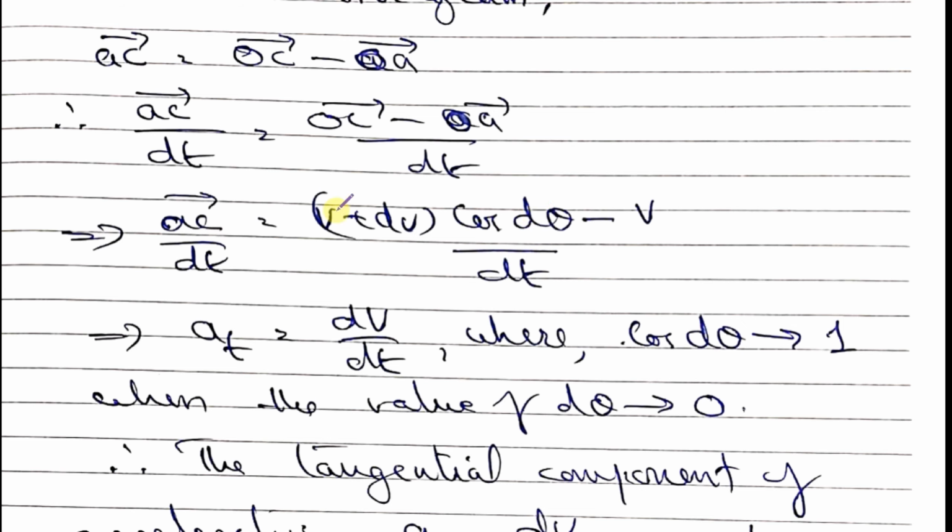Therefore, V plus dV minus V divided by dt will be dV by dt.